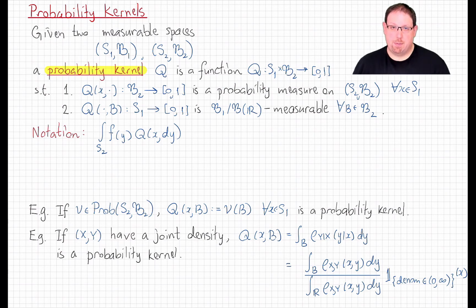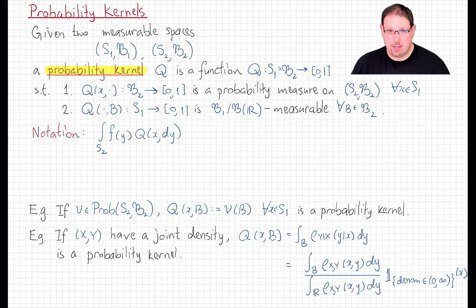Now, if we have such a probability kernel, thinking of it for fixed x as a measure in y, the notation that we use for this when integrating against that measure is the following. The integral of a function of y, which could also be x-dependent, for example, times q of x and dy.